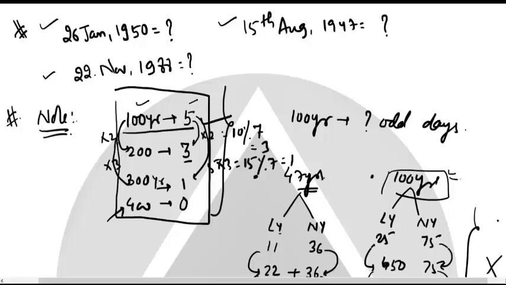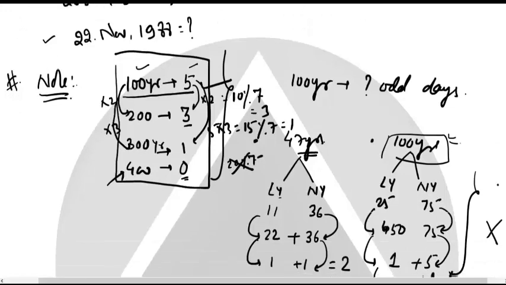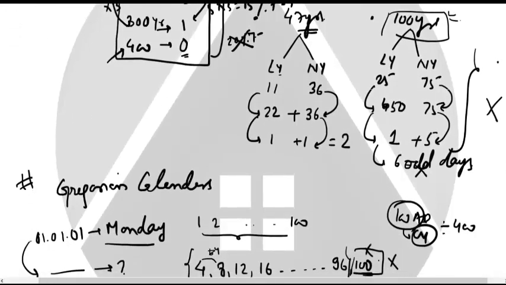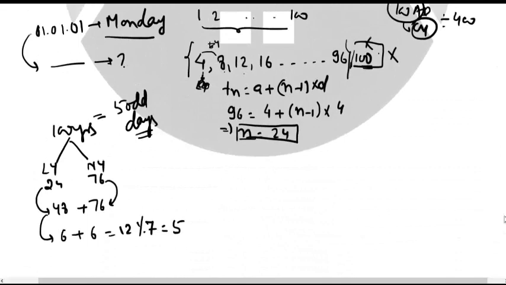Now this part I should remember. Because if you multiply it by 4, you get 400. But here if you multiply it by 4, you get 20. So 20 divided by 7, you don't get 0. So this one you should remember: every 400 years will have 0 odd days. So you can make a note.